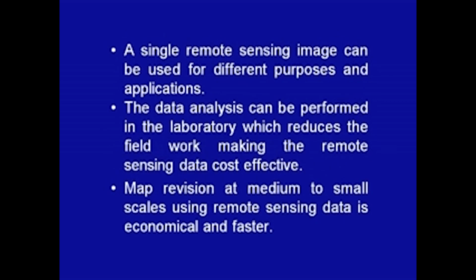A single remote sensing image can be used for different purposes and applications. The data analysis can be performed in the laboratory, which reduces the field work, making remote sensing data cost effective. Map revision at medium to small scales using remote sensing data is economical and faster.